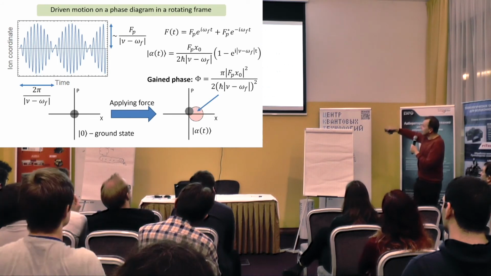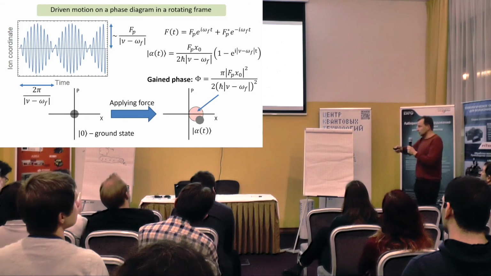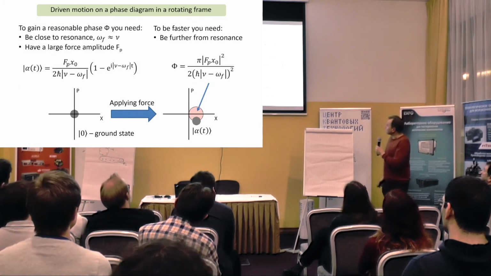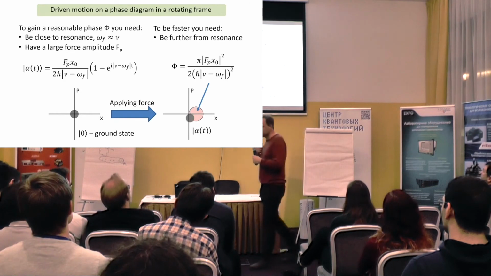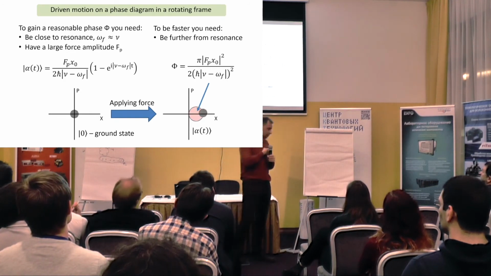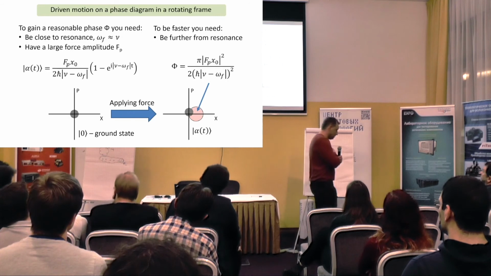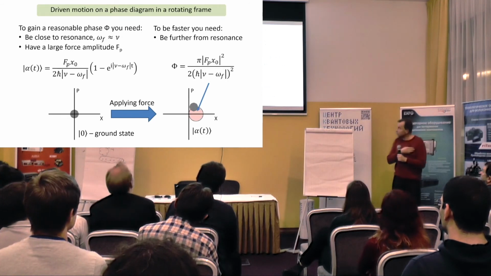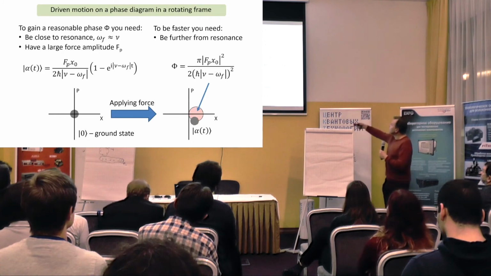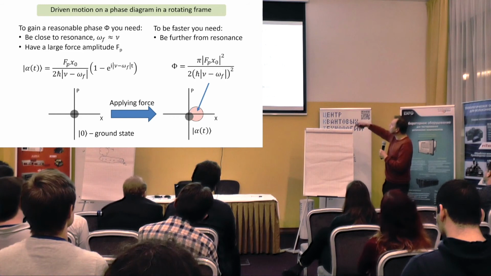It can be gained by manipulation on this system. So what do we need? Generally we need to reach a pi, very similar to what we had in the Cirac-Zoller gate. Our goal is to have a pi equivalent of this circle.